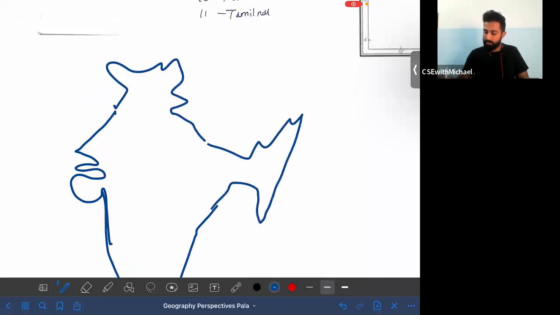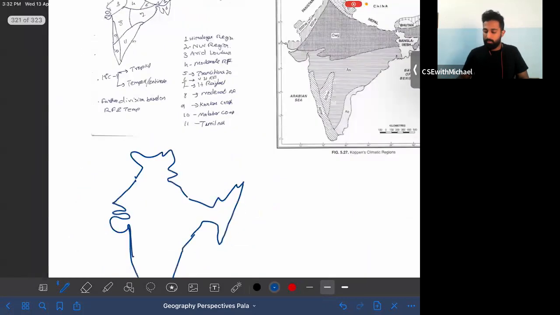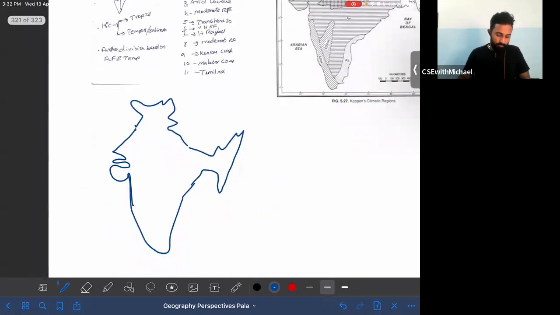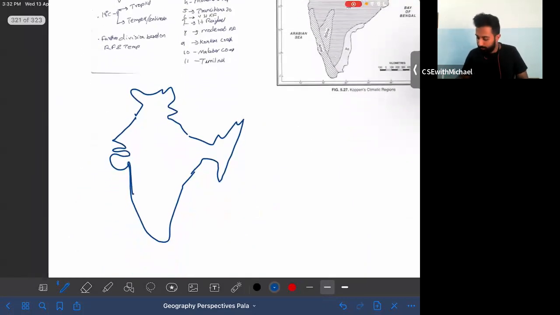Stamp divides India's regions on the basis of one isotherm, the 18-degree isotherm, which is somewhere like this. This is the 18-degree isotherm.